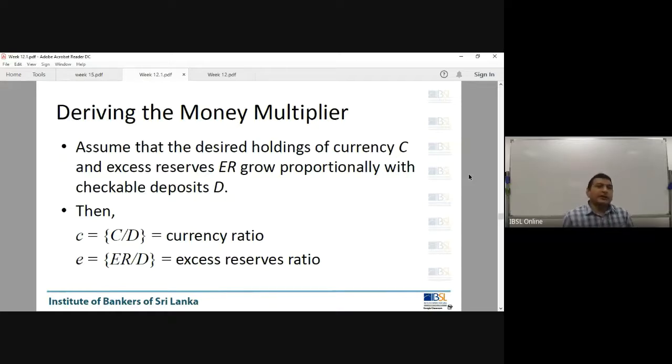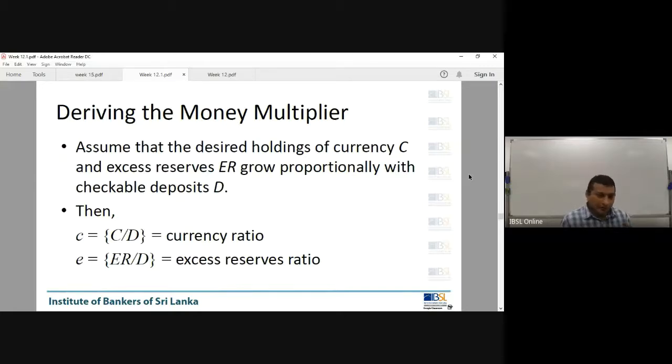If you see the deposit base or the checkable deposits increasing, the amount of currency holding also increases, and the amount of excess reserves also increases.